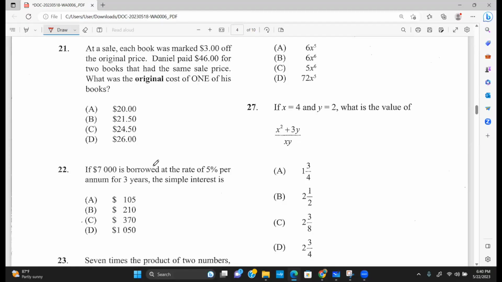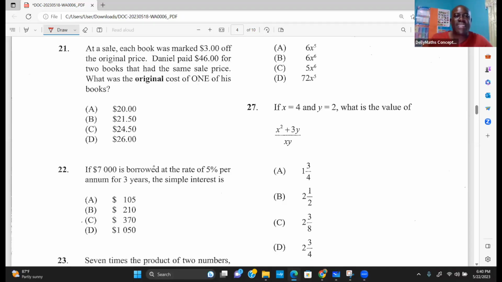So it's 2 books, and it's $46. So I would divide the 46 by 2, $23. And then I add the $3.